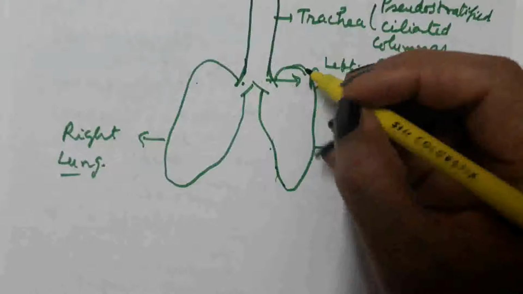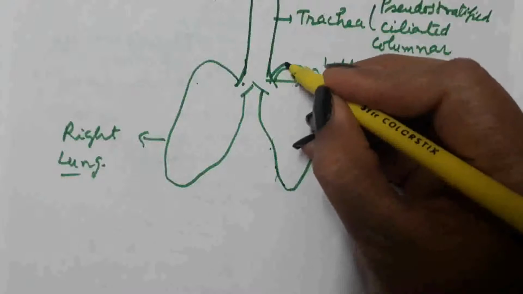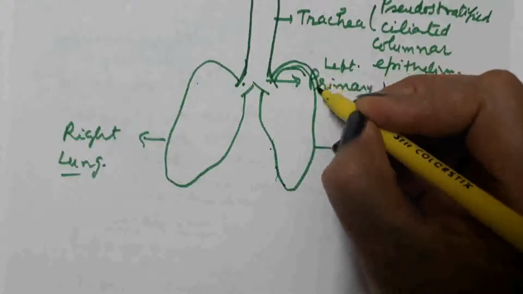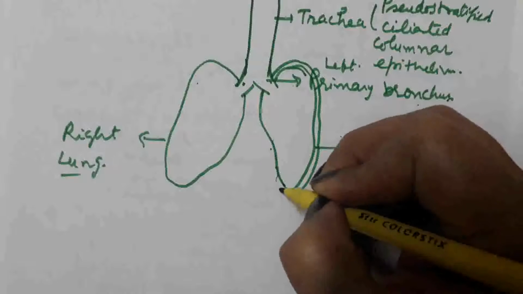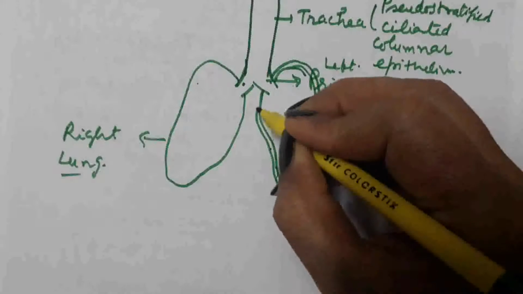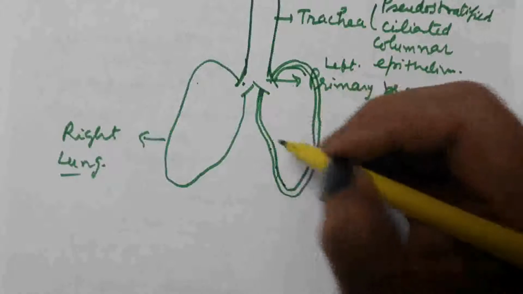Around the lungs there are two membranes, and we call these membranes the pleura.